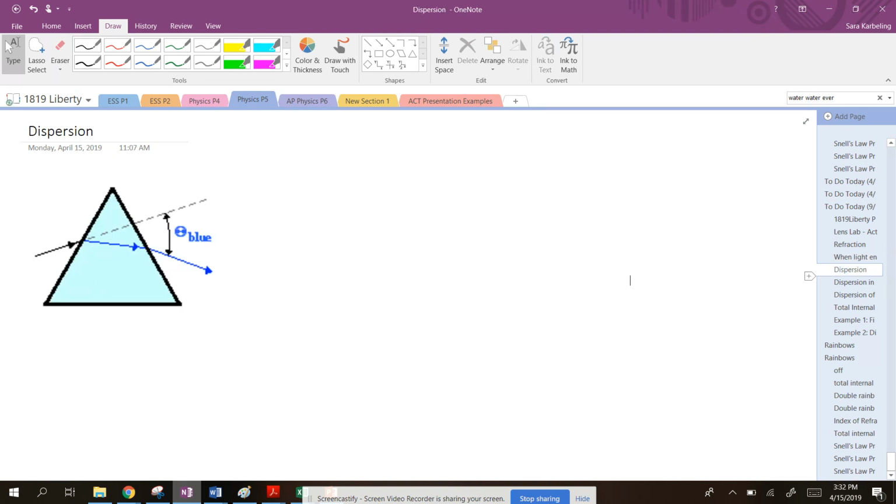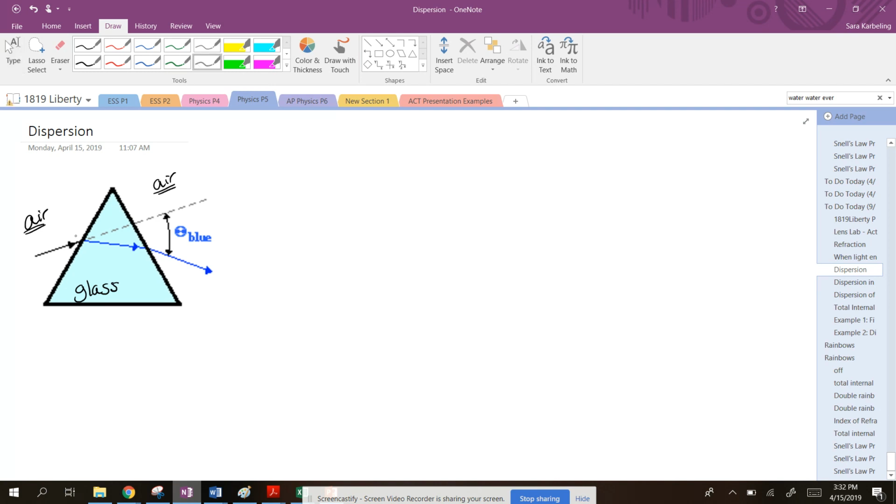This picture shows light starting out in air and moving into this nice triangle of glass, sometimes known as a prism, and then it moves back into the air. We just want to look for a couple of moments at what happens to this light. This is blue light, so this is light with a very small wavelength, on the order of the visible light part of the spectrum.